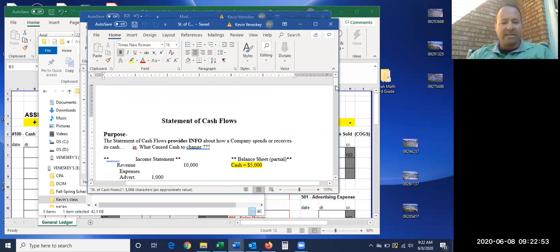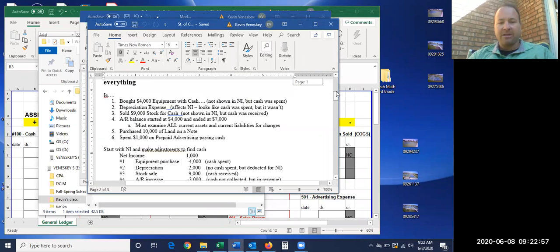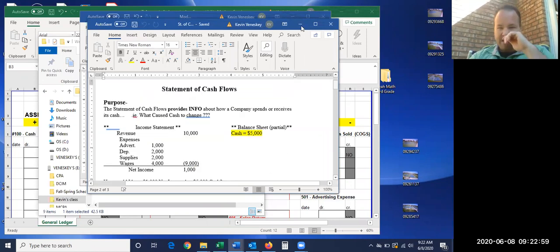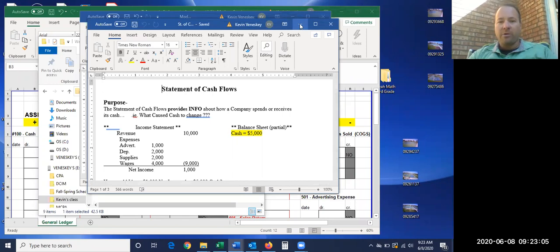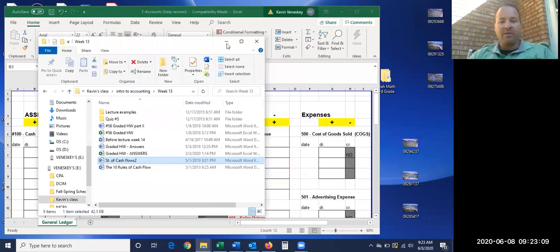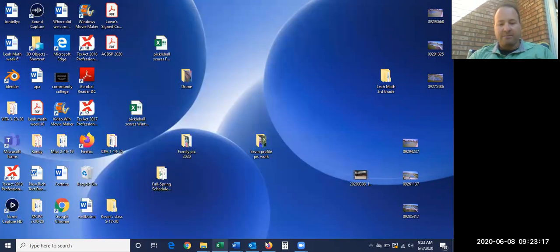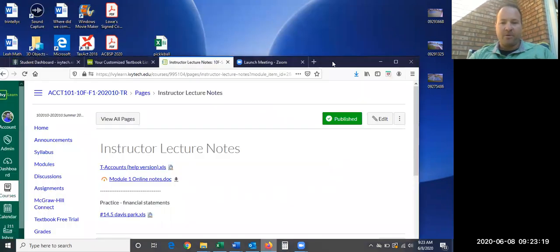And when we get to that in our examples, I'll go through this, but I think it's a little premature to do that right now. So before we do that, what I want to do is simply practice preparing the income statement, the statement of retained earnings, so you can kind of just get a feel. So I want you to pull up that document from our module.